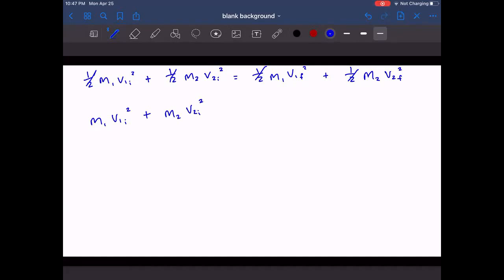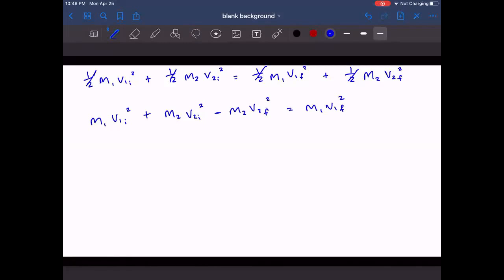Yes. Now you would subtract the M2 V2F squared and move that to the left side. So then it looks like this. Is that right? Yes. Good. What's next?